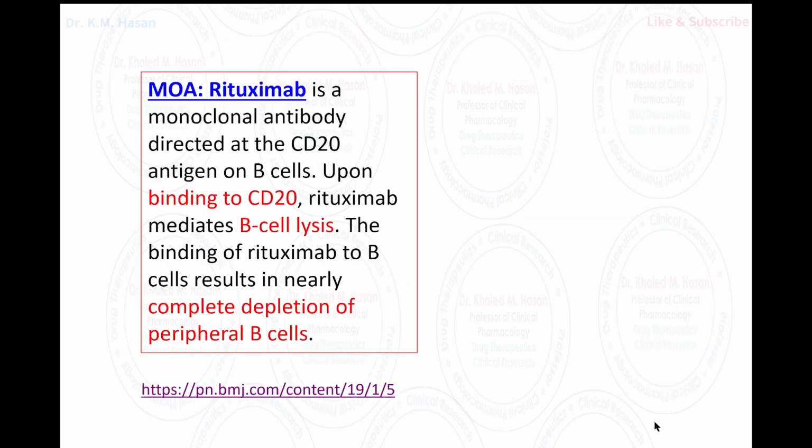Rituximab. Rituximab is a monoclonal antibody that targets the CD20 antigen on the B cells. Binding to the B cells leads to B cell lysis and death, and this will lead to the depletion of peripheral B cells.